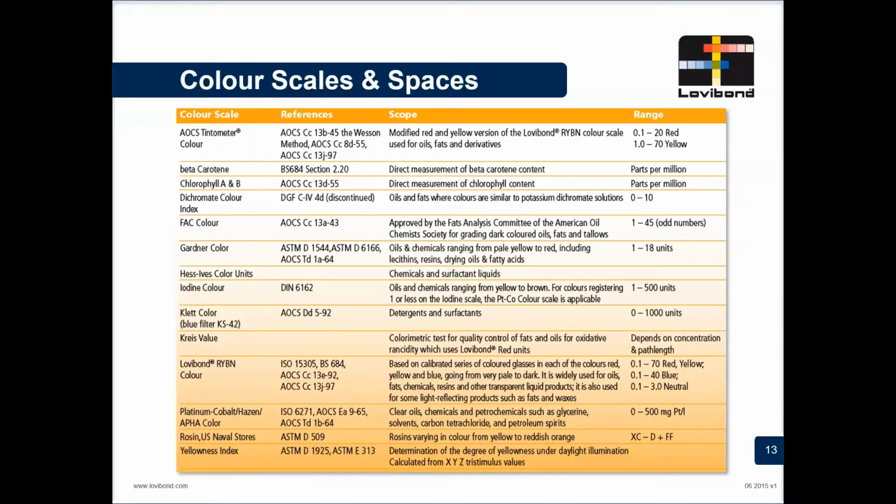But some of our other instruments can do other colors as well: FAC, Gardner, platinum cobalt. So a good variety of colors. Let's have a look at some of these other color scales.